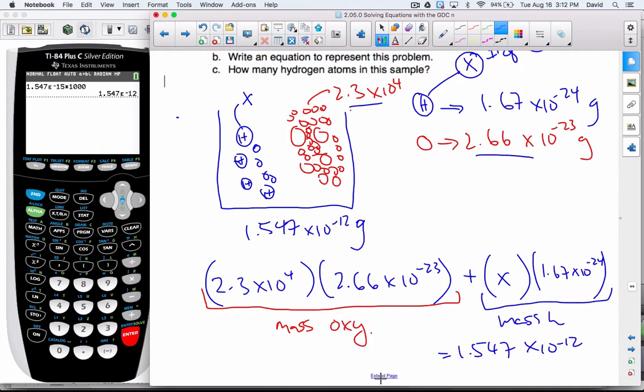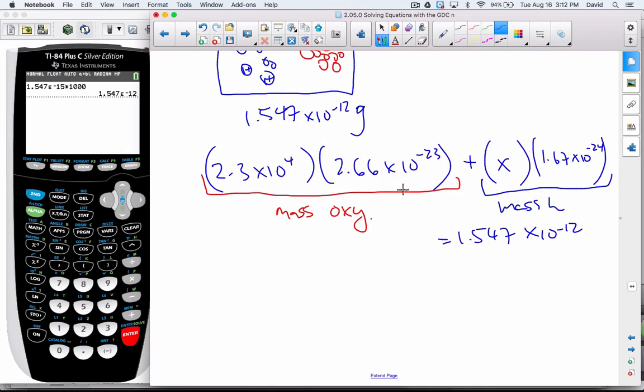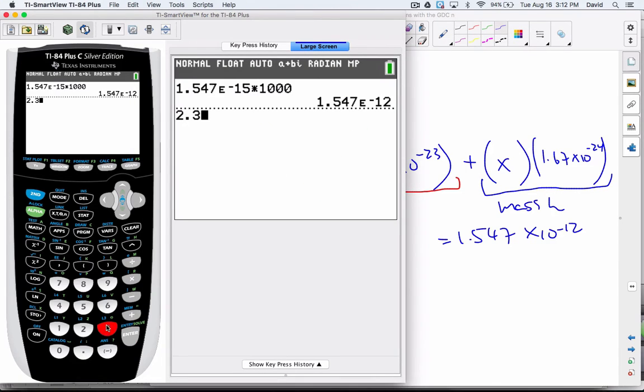Okay, so now we just have to solve this. And so to do it, let's use our calculator to help us out. I'm going to multiply this with my calculator. So 2.3, and I'm going to use the E button, because it'll keep it in scientific notation for me. I think it was times 10 to the power 4, times, and it also recognizes this as one whole number.